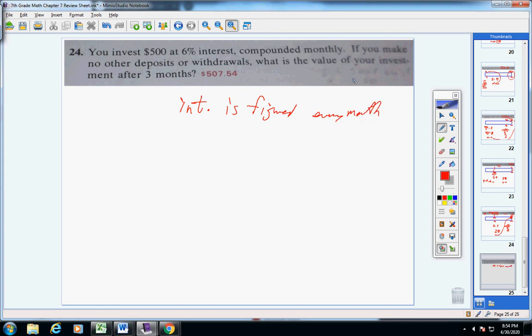Every month, they're going to add more interest to your account. That's a good thing. Okay, that's a good thing. So, you're going to have your first month. You're going to have your second month. And you're going to have your third month.